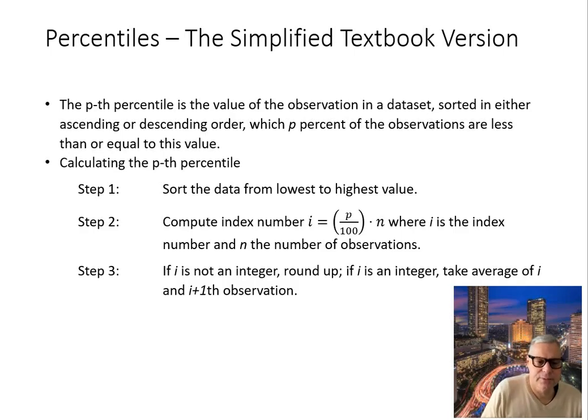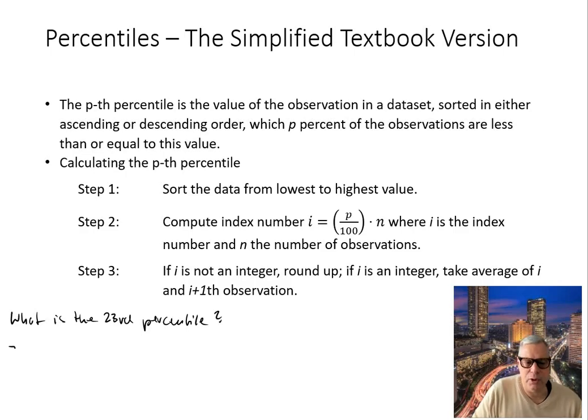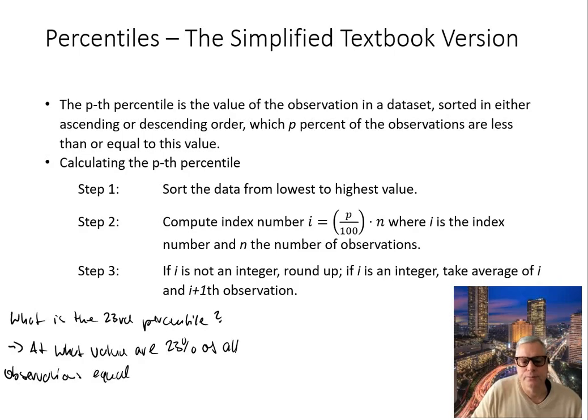When we say what is the 23rd percentile, then we want to know at what value 23% of all observations are equal to the 23rd percentile value or less.